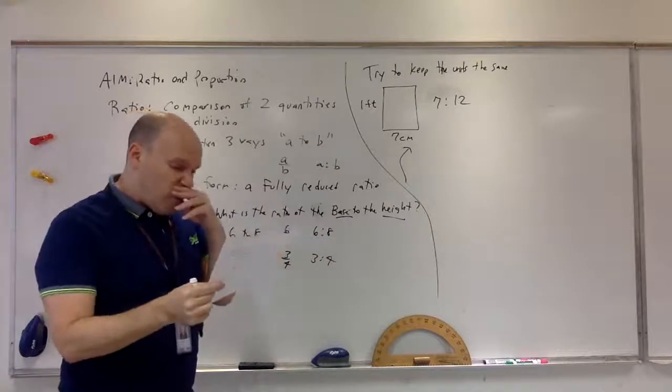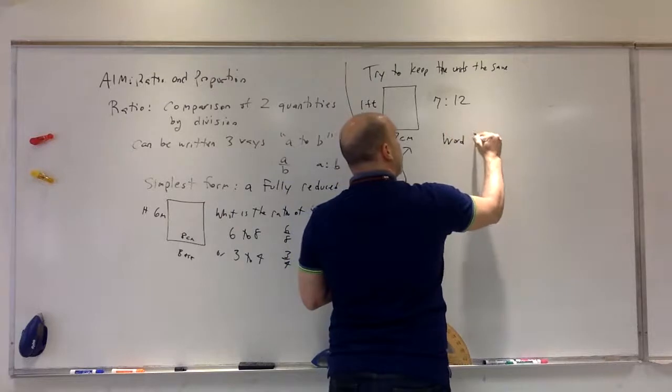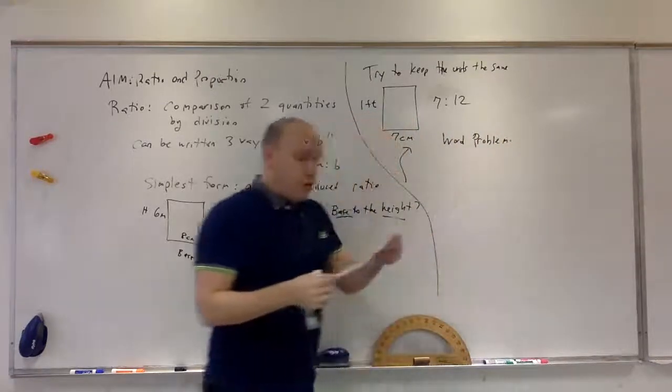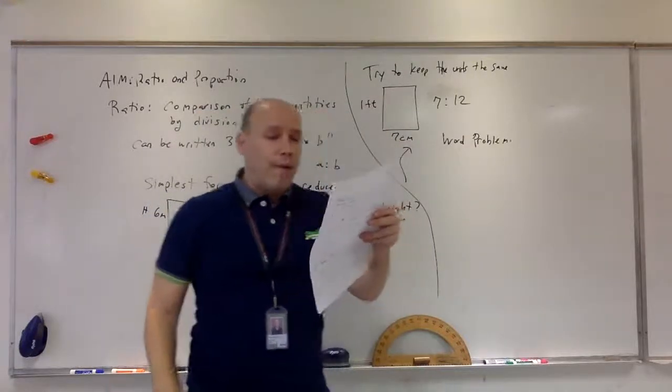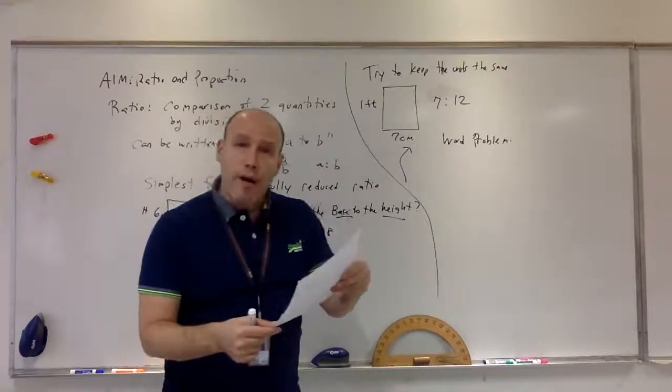Nice. Let's look at a word problem. I'm going to say it out loud, put it on pause and see if you got this right. The ratio of boys to girls is 5 to 2, and there are 35 students in the class. How many boys and girls are there?